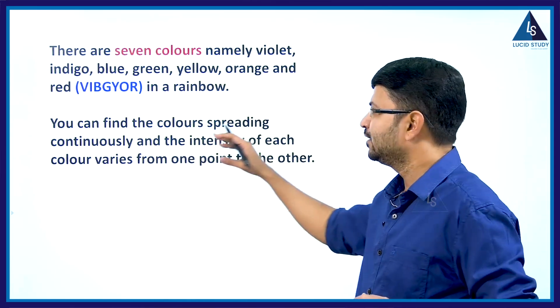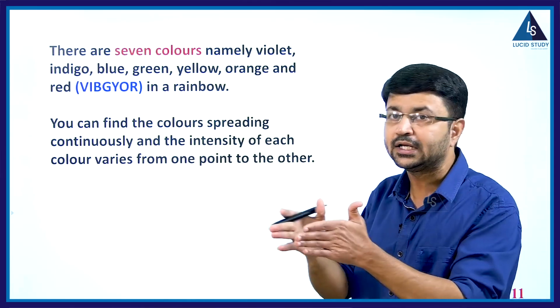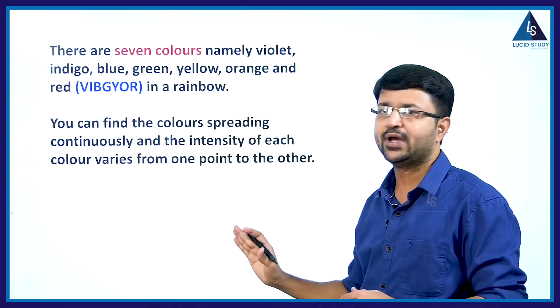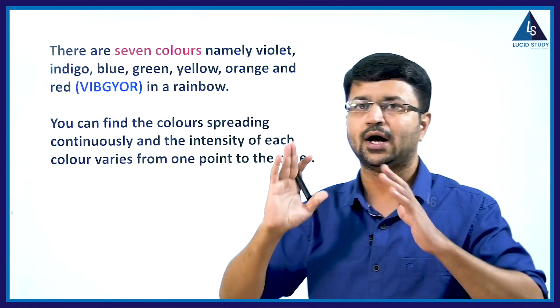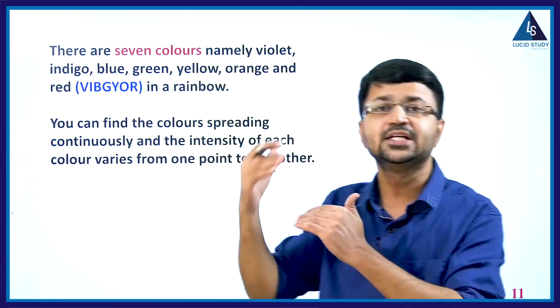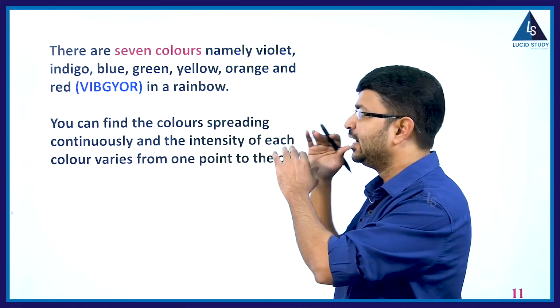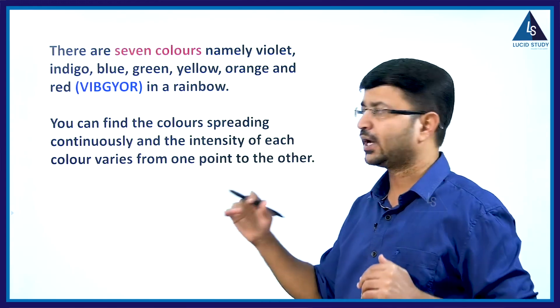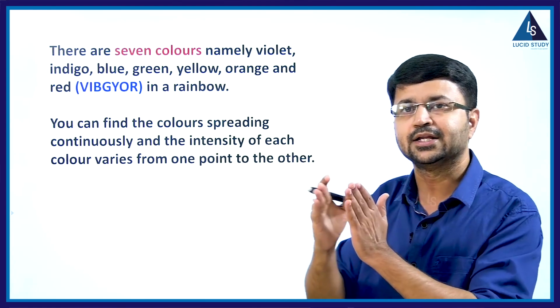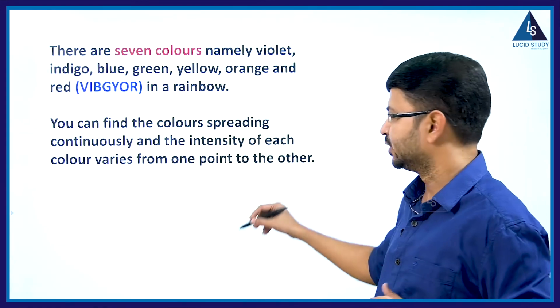Now you can find the colors spreading continuously, and the intensity of each color varies from one point to another. Each color has a different intensity, and each color spreads continuously.